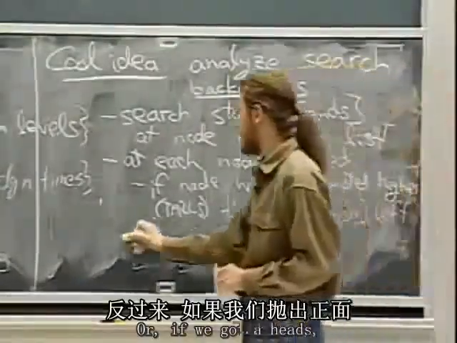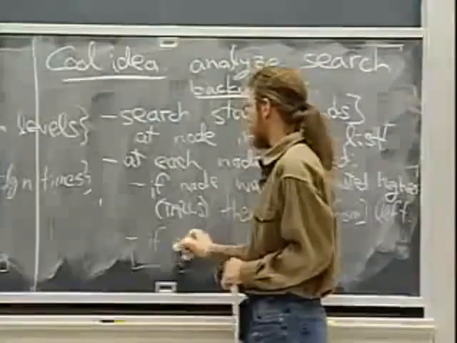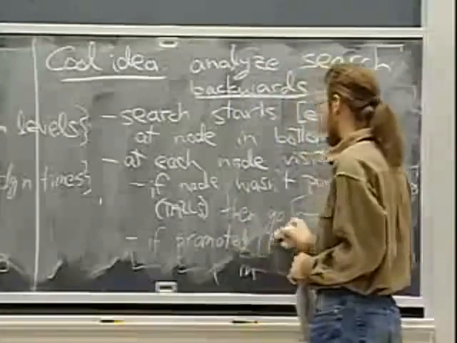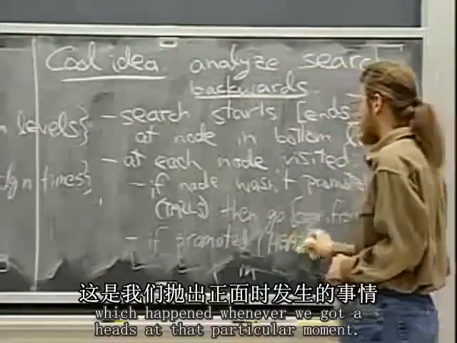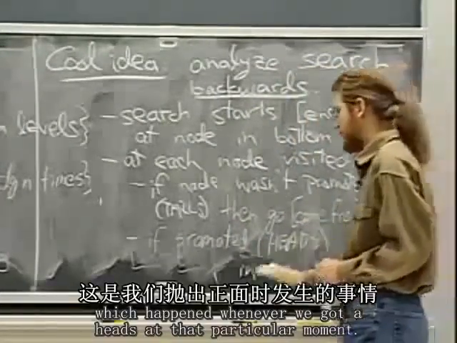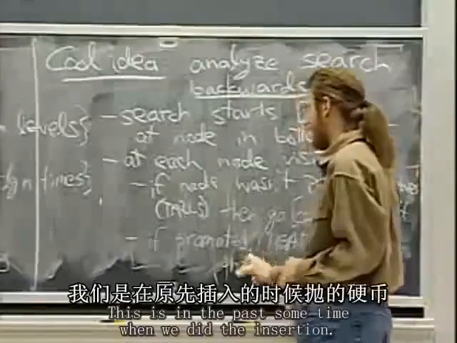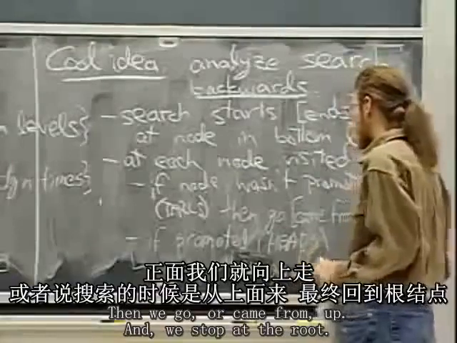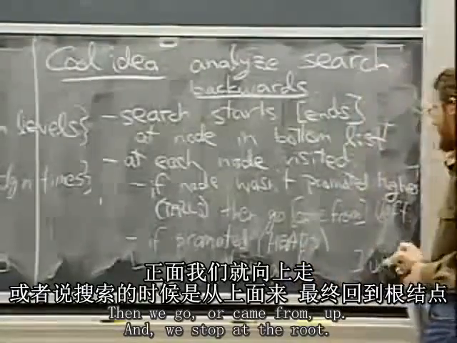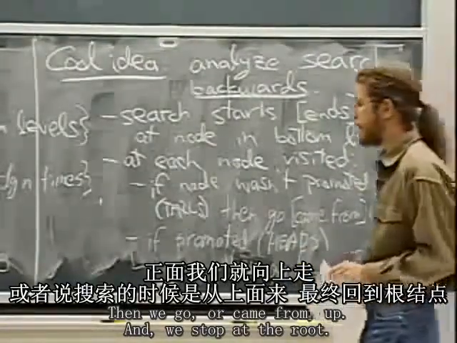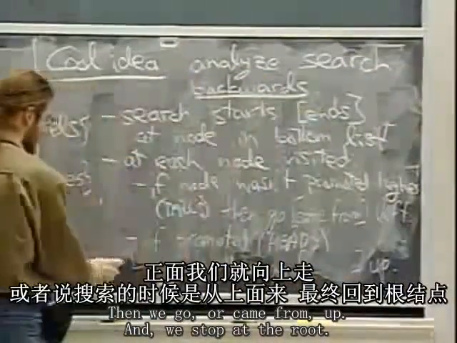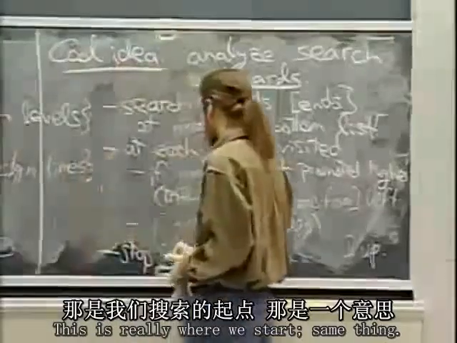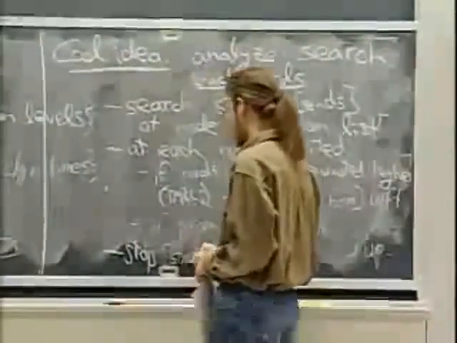Or if we got a heads, so if this node was promoted to the next level, which happened whenever we got a heads at that particular moment, this is in the past sometime when we did the insertion, then we go, or came from, up. And we stop at the root, where this is really where we start. Same thing.